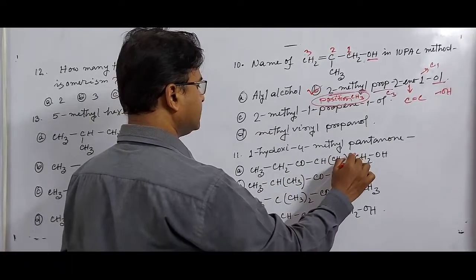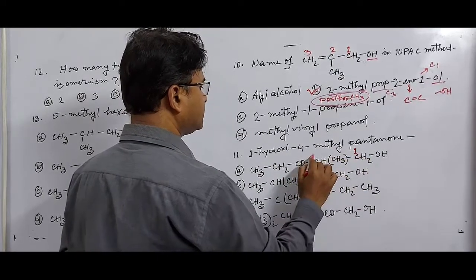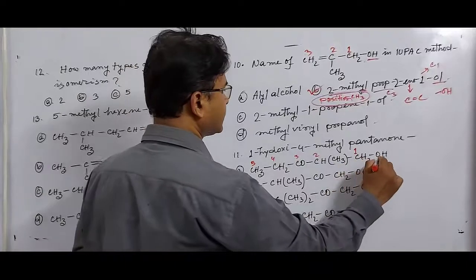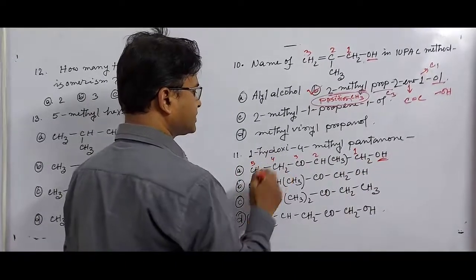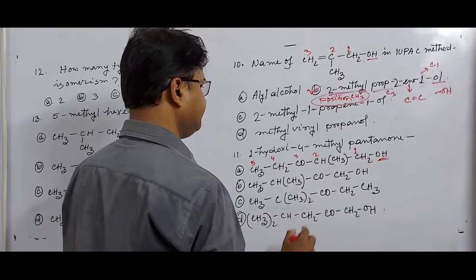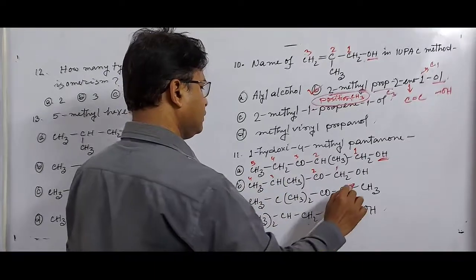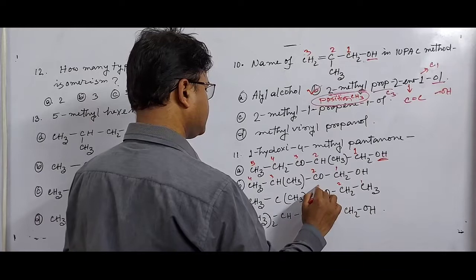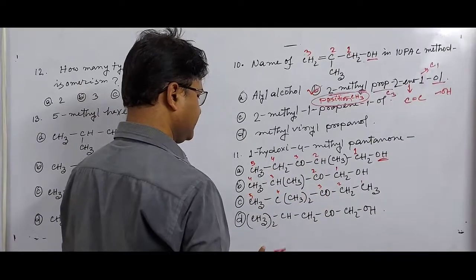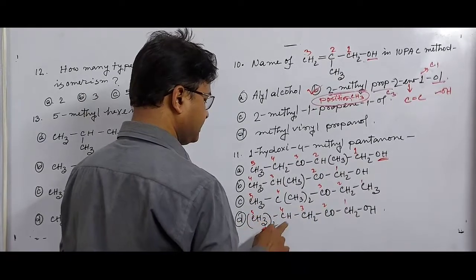The position of the hydroxy group is at the first carbon, that's why it is 1-hydroxy. And 4-methyl, 1, 2, 3, 4, it will not be the answer. 1, 2, 3, 4, 5, there is no hydroxy group, so it will also not be the answer. 1, 2, 3, 4, 5, and one will be the branch.